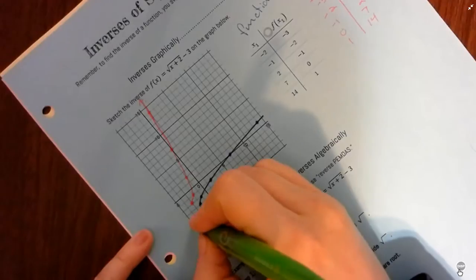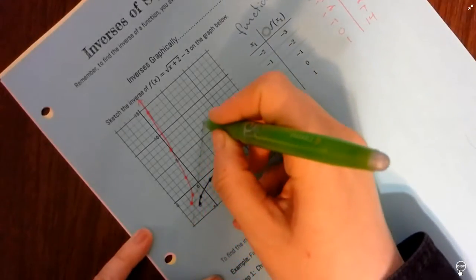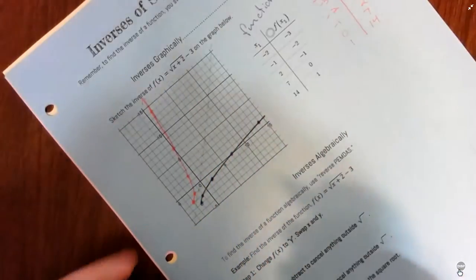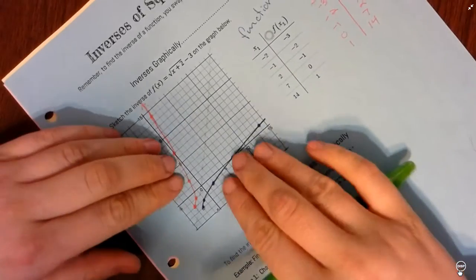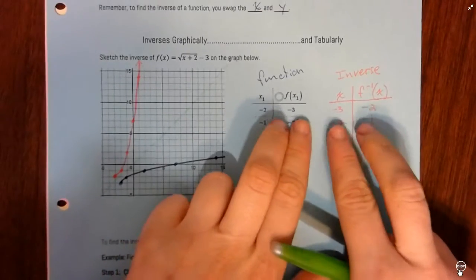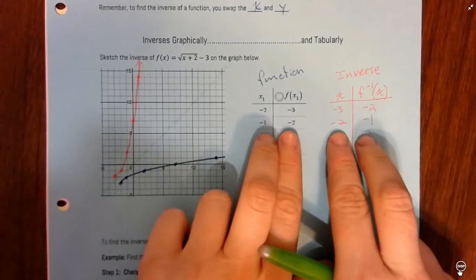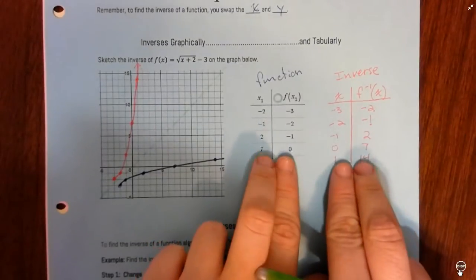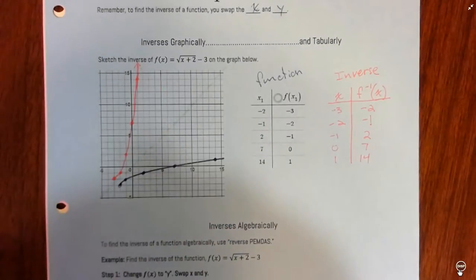They always reflect right over the line y equals x, just like that. So you know they're inverses when they reflect each other, like this. And when you check the tables, you know they're inverses when the x's and y's have just swapped places. So that's all it is, inverses by graph and inverses by table.